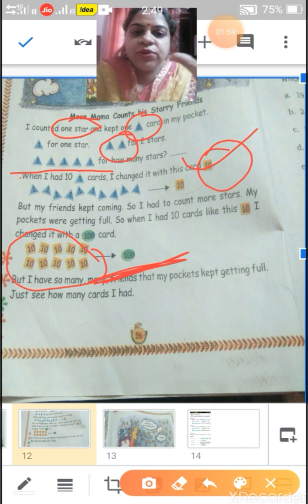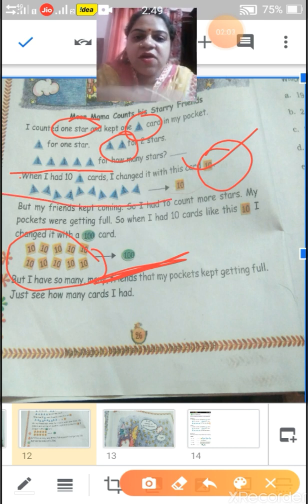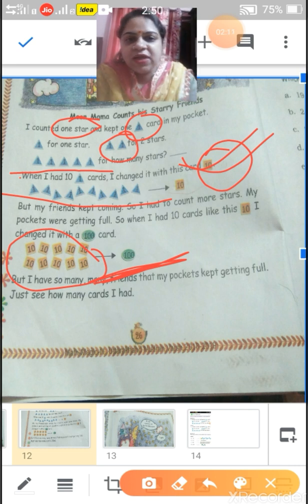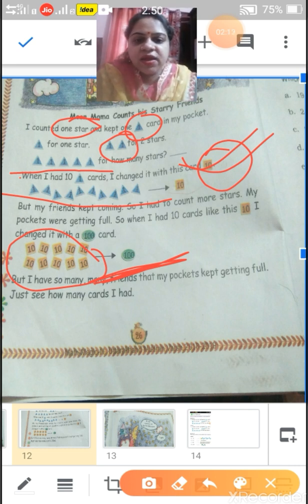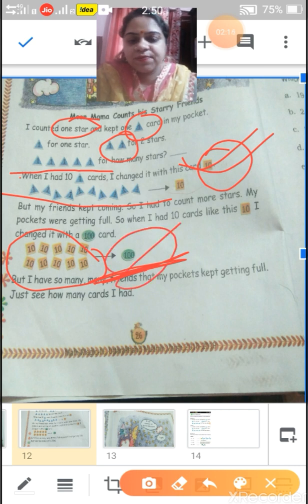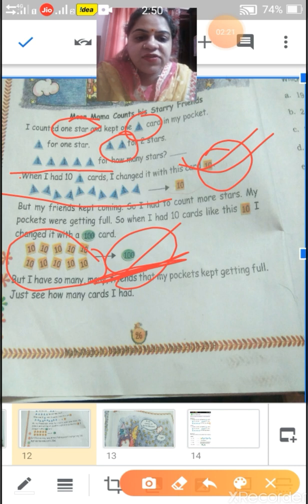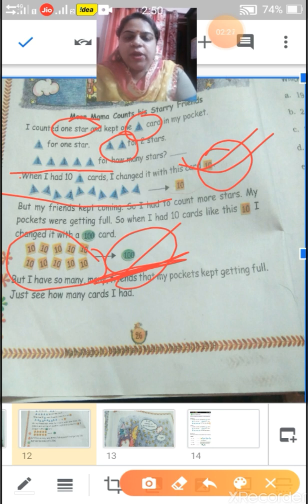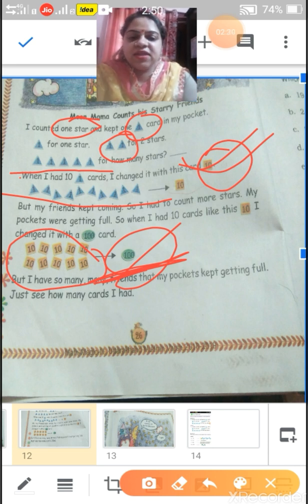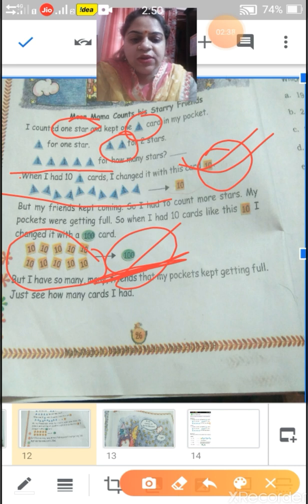For 1, 2 up to 9, he will use these kinds of packets. When it comes to 10, he will use this type of packet of 10. When 10 packets of 10 come, then he will use this 100 packet. But I have so many friends that my packets kept getting full, because stars are uncountable, I told you. Now children, let's have a look.